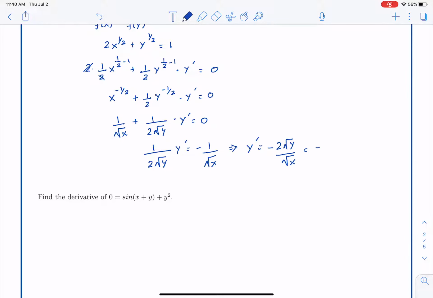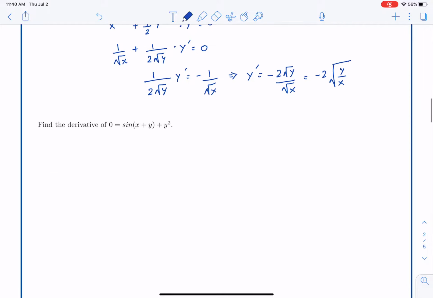That simply is negative 2, combine the roots together, root of y over x. As I mentioned in the beginning, if we start with an implicit function, more often than not, we will get an implicit derivative. That's exactly what happened. Y prime depends on y itself.